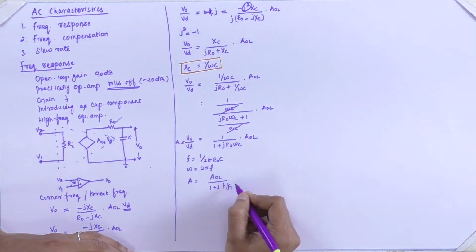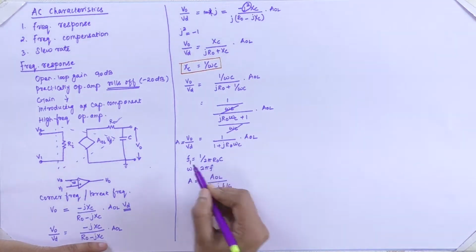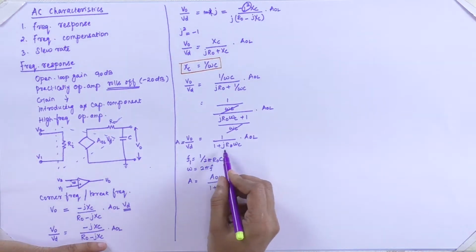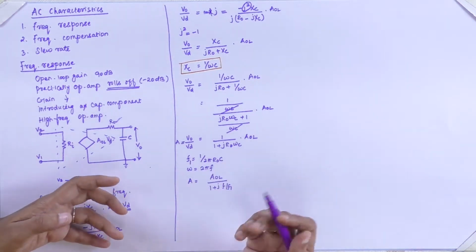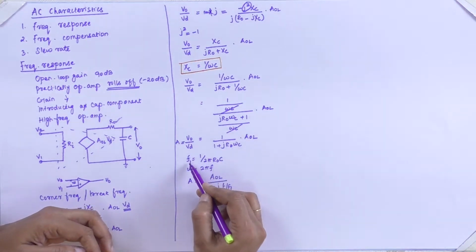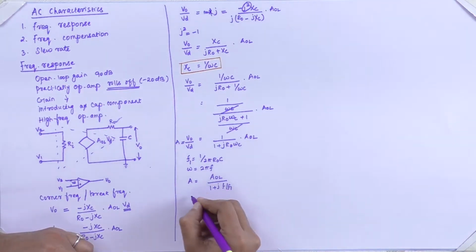Okay, so here you should know that concept. Here we are taking F1 is equal to, so you will be getting 2 pi F, which is nothing but omega is equal to 2 pi F. The same concept, F1 is equal to 1 by 2 pi R0 C. So this F1 is nothing but your corner frequency.